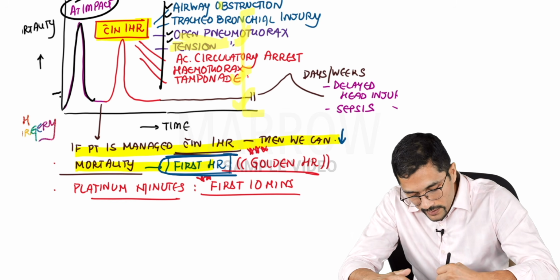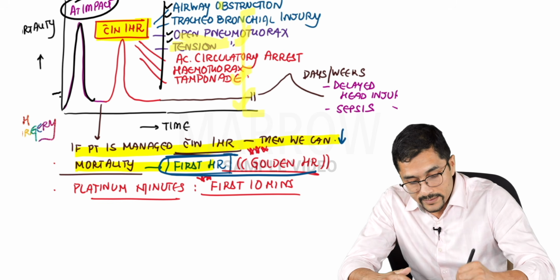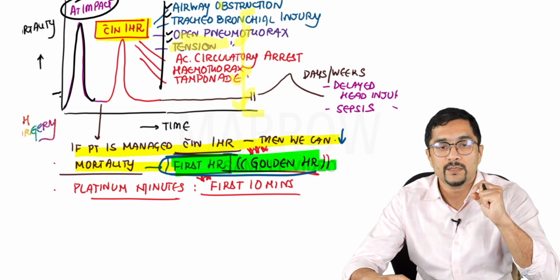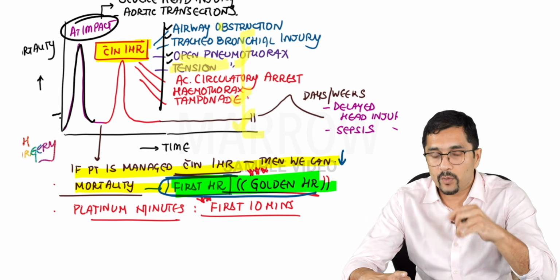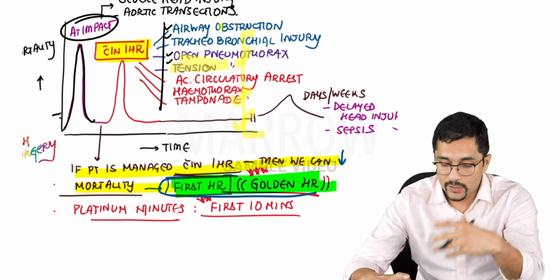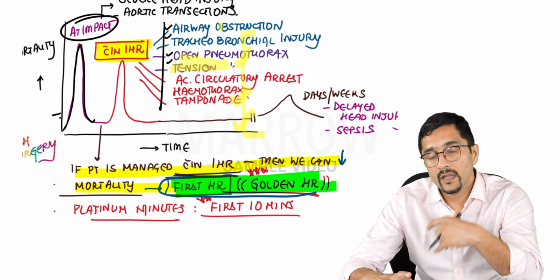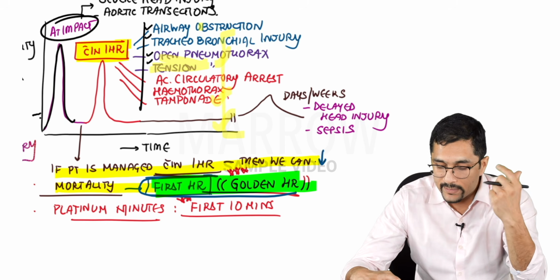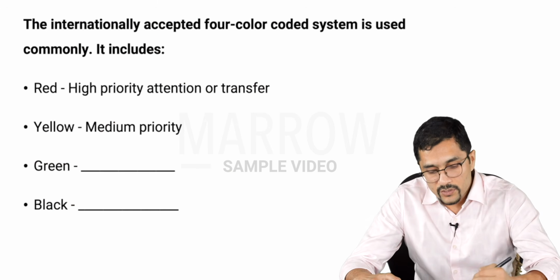That is why the first 1 hour is known as the golden hour following trauma. This you should know, the first 1 hour is the golden hour because proper care can prevent mortality due to these 7 causes. Late causes after a few days to weeks are usually sepsis and delayed head injury.